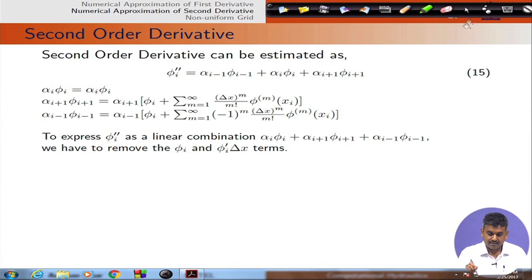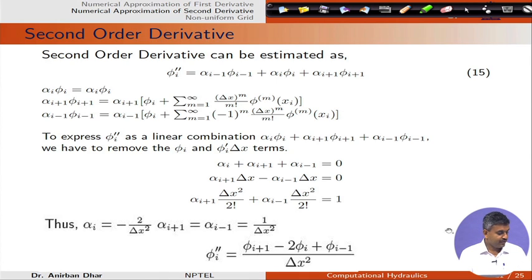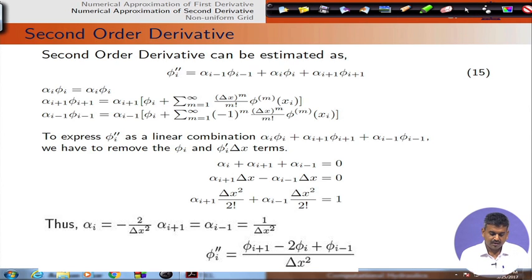So, in this case we can write these three equations, and if we solve this, we will get again the approximation in terms of our second order derivative, which is coming similar to or same as our previous expression.